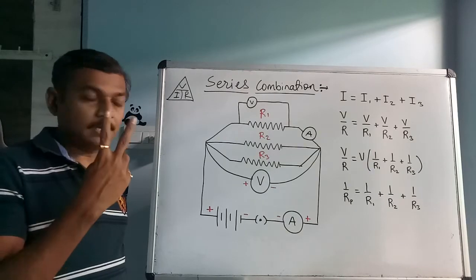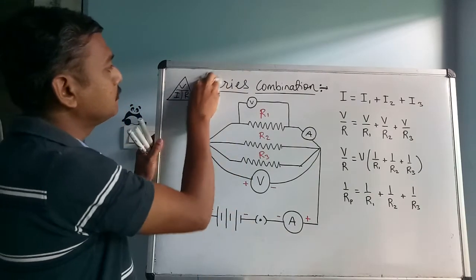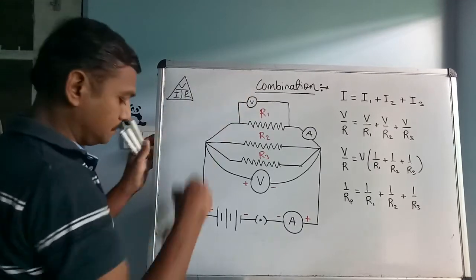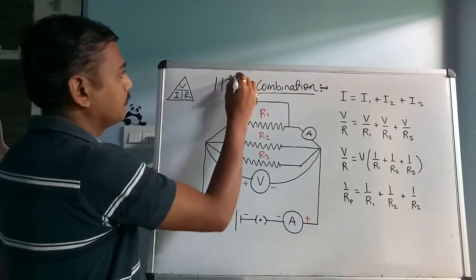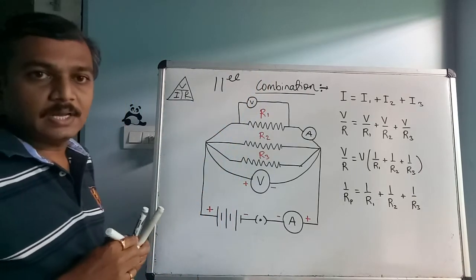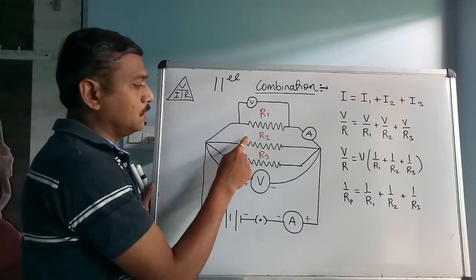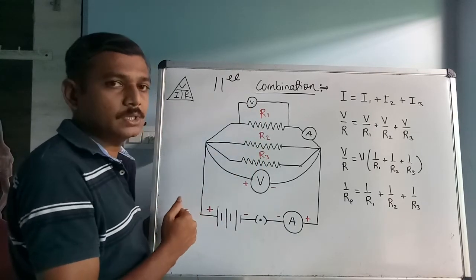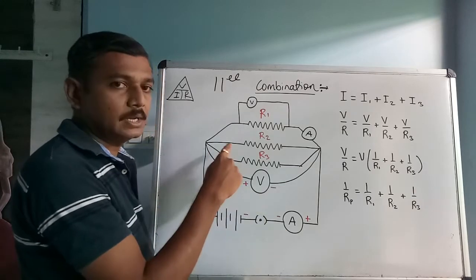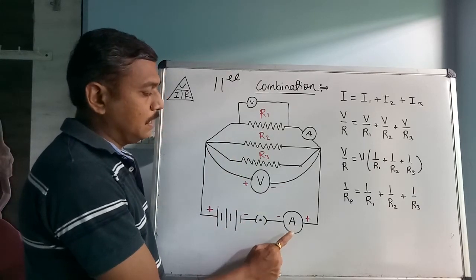Now the second type is parallel combination. So the circuit diagram says, in this way R1, R2 and R3 are connected in parallel to each other with the circuit diagram including battery, ammeter.